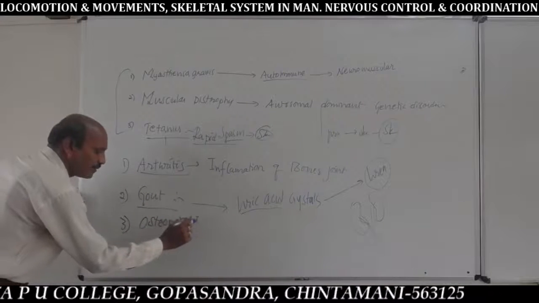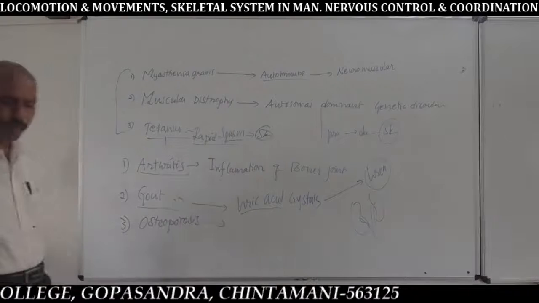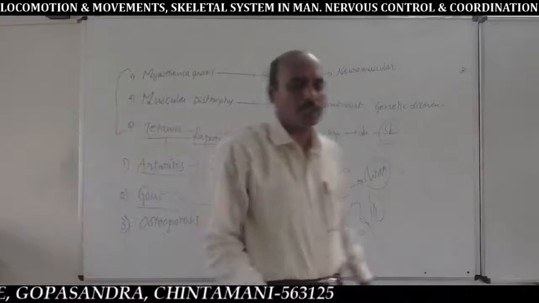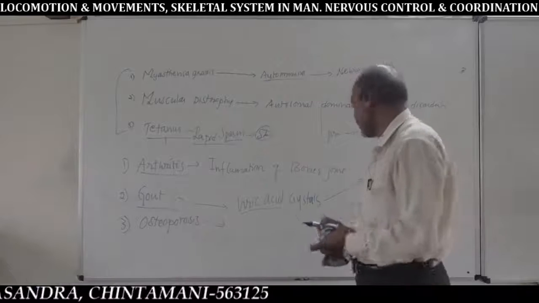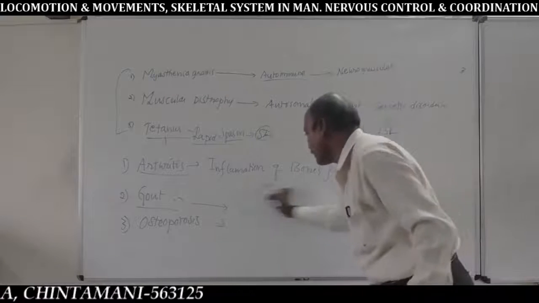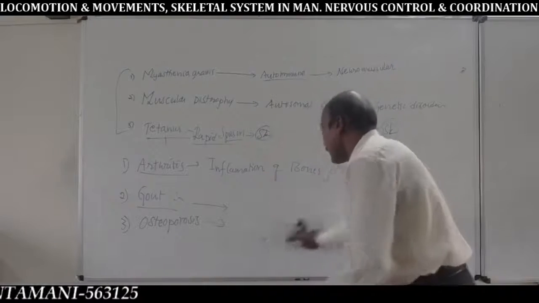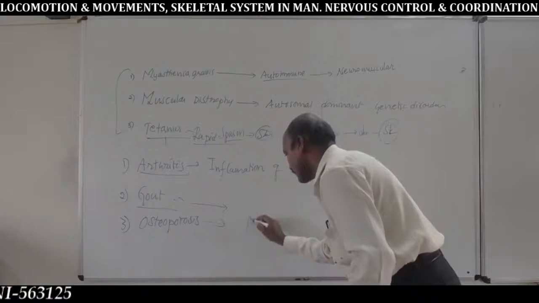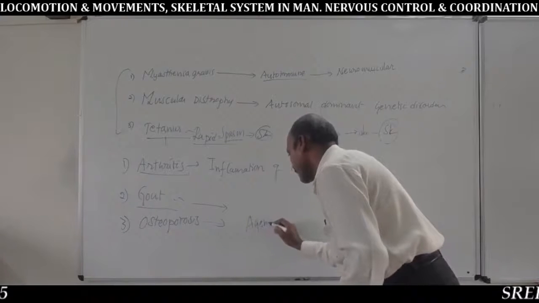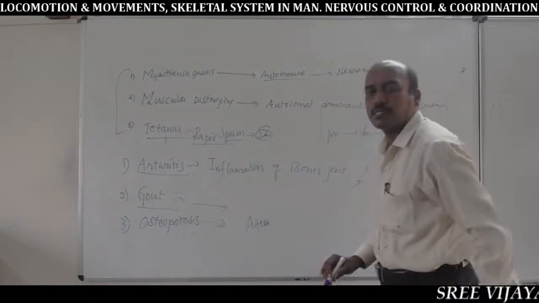osteoporosis. The last type of bone disorder is osteoporosis. This type of bone disorder is seen in aged people, more than 60 years, more than 70 years.